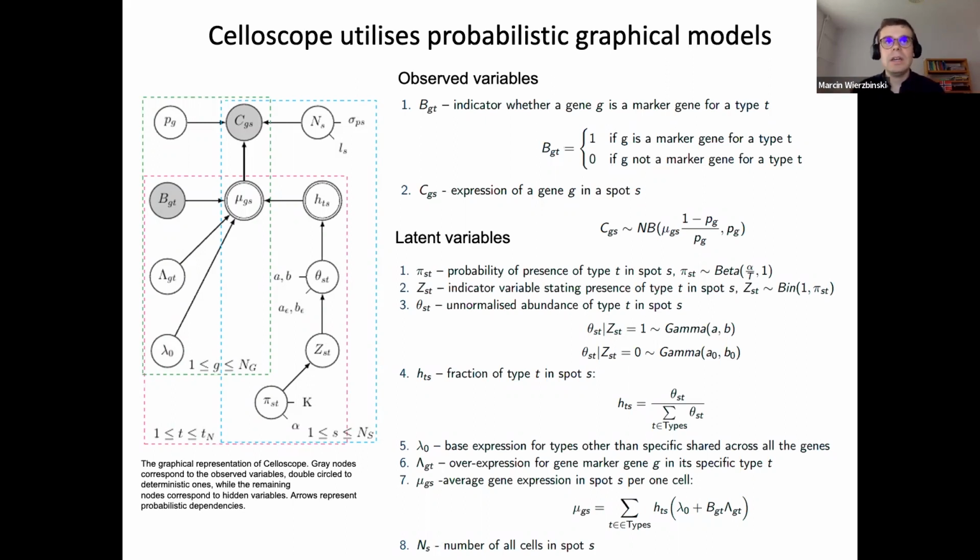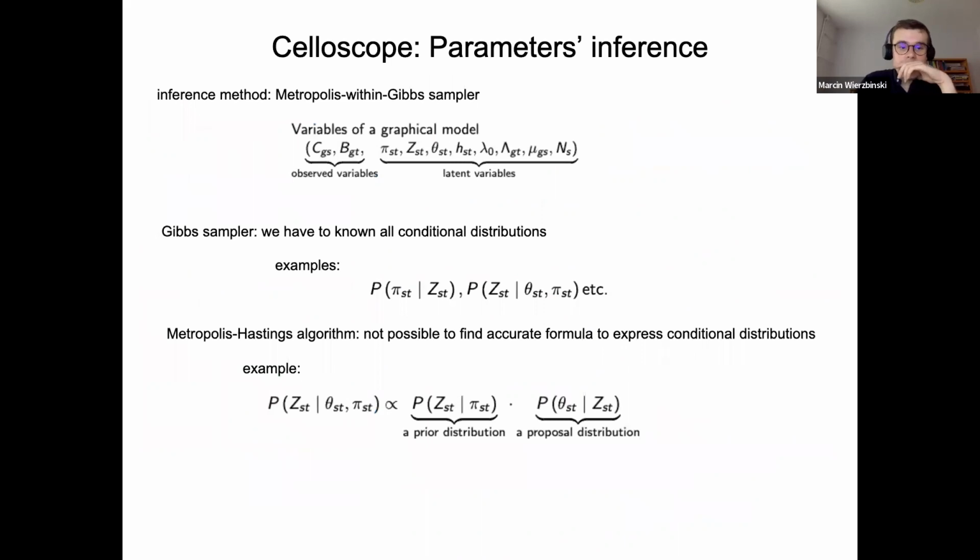This representation can be useful to build an inference method, for instance. And here we have details about the parameter inference. Of course, we have 2 types of variables: the observed variables and the latent variables.